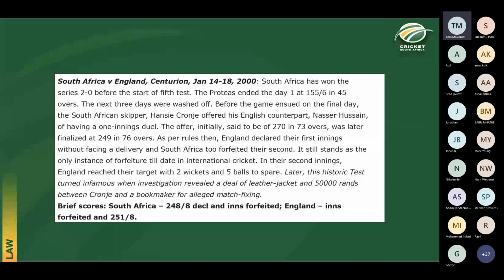He was involved in match-fixing scandals around this time and was eventually banned for life from cricket. So we just need to be careful whenever there are such wild ideas from captains as to the reason and the validity of those ideas.